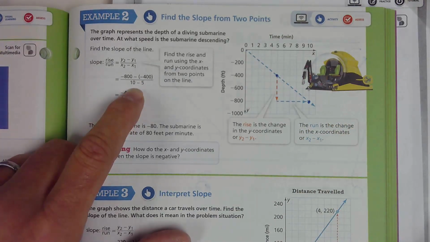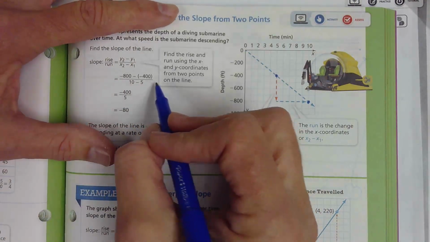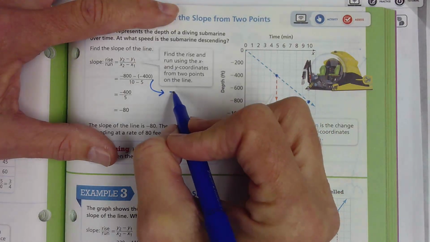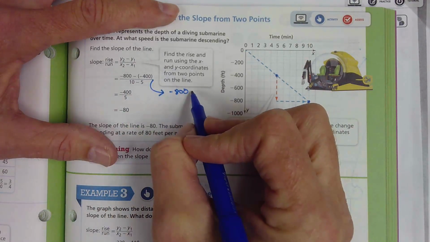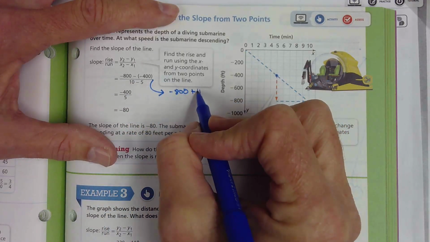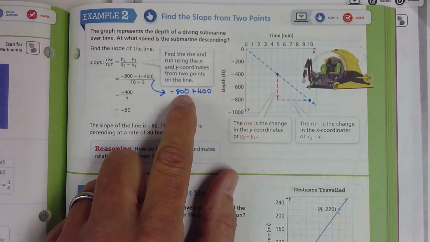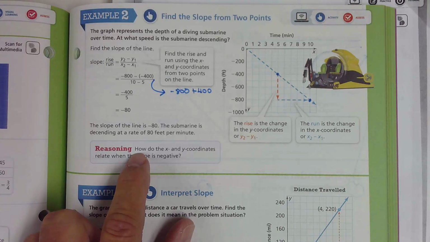All right? So remember what you would do when you subtract negative numbers? So this would really be a negative 800. I'm going to change it to addition and change the sign of the number that follows, plus 400. And so a negative 800 plus 400 is a negative 400.